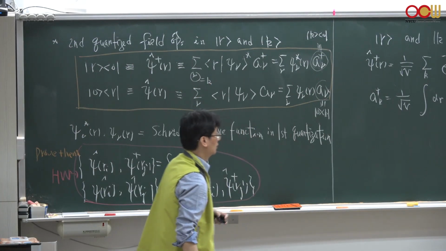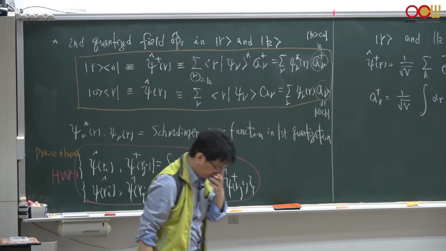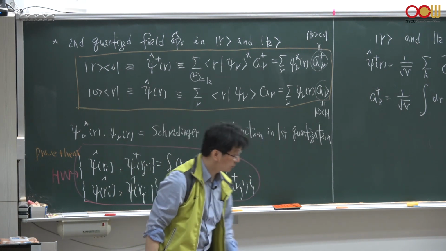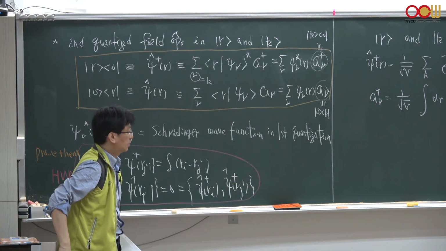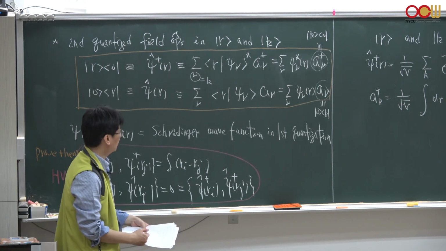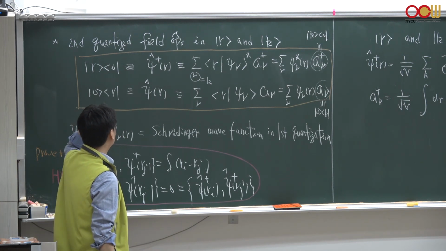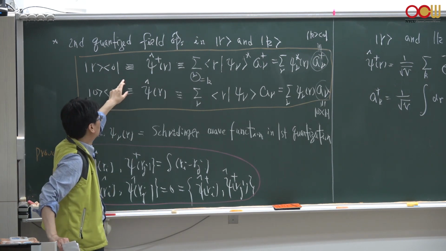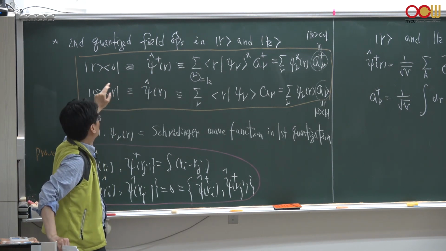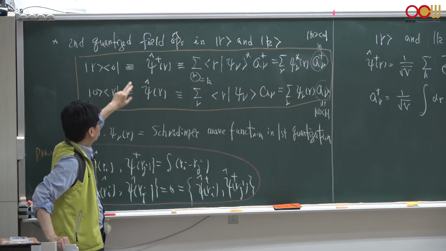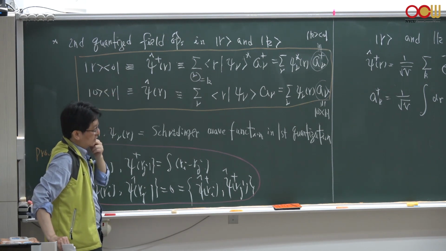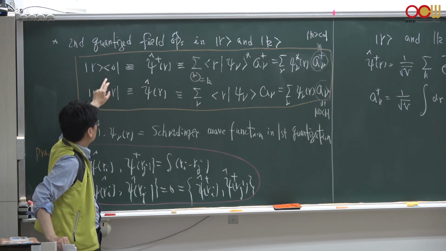Okay, so let's continue. We are finally able to define the second quantized field operators in real space and in K-space, especially in real space. Let's define this operator psi dagger of R, which represents the creation of a single, say, fermion in real space.